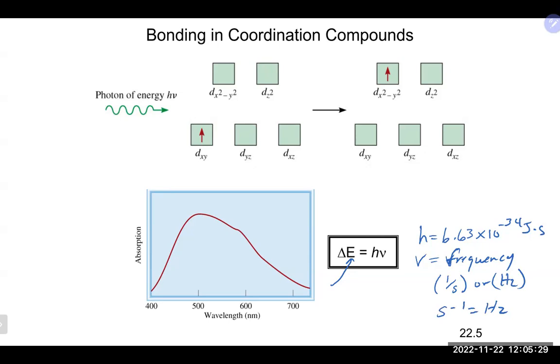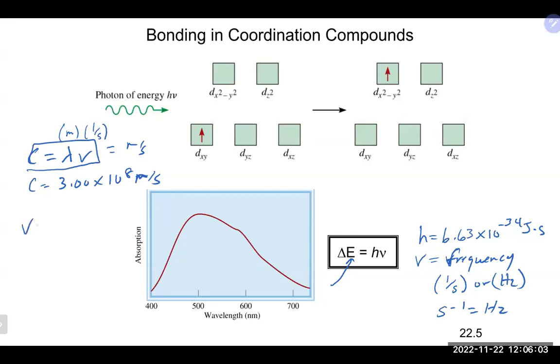This also goes back to a couple of other equations that maybe you remember as well, and that is c is equal to the wavelength times the frequency. Wavelength being in meters and frequency being in 1/seconds gives us the speed of light in meters per second. c is equal to 3 times 10 to the 8 meters per second, which is a constant. Putting both of these equations together, you can solve for the frequency, which would be the speed of light divided by the wavelength.